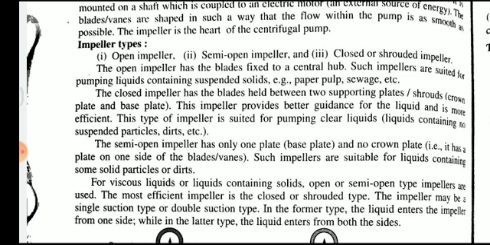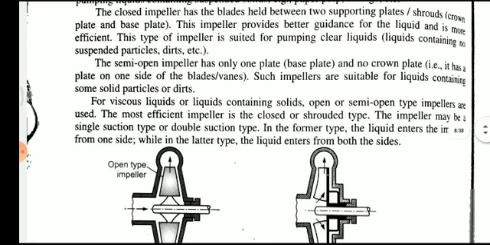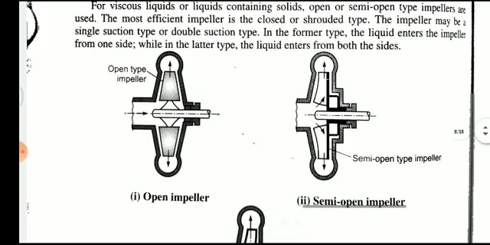Such impellers are suitable for pumping liquid containing suspended solids like paper pulp and sewage. So these are the open impellers. And the right hand side is the semi-open impeller.